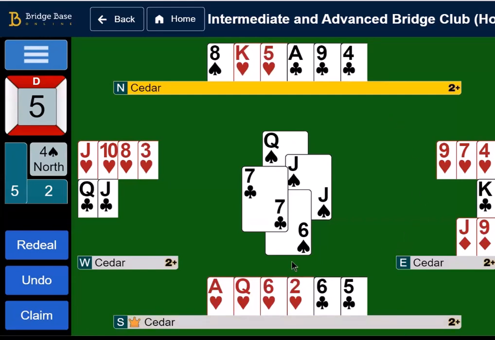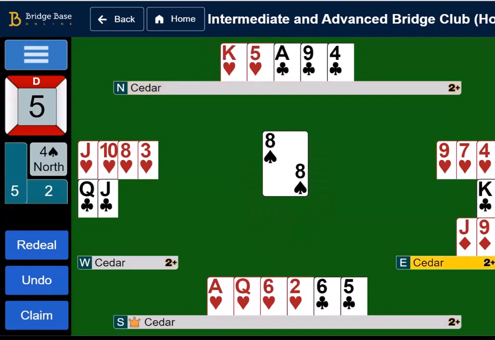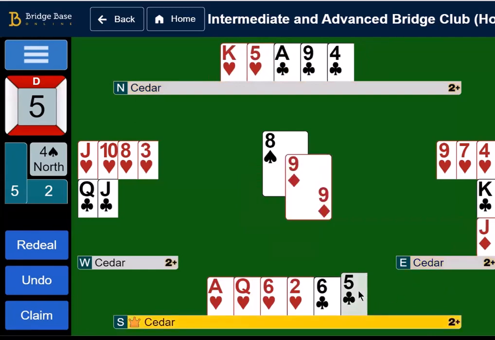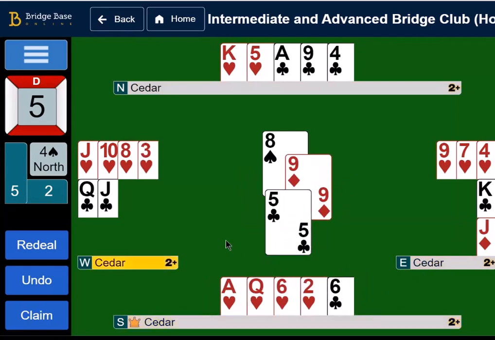So I need to cash my winners. Which will I cash? How about doing it this way? I'll cash the 8 of spades. That's one of my winners, and I'll do it by cashing the heart suit, I think. And well, I don't know it, but West is being squeezed even as we speak.